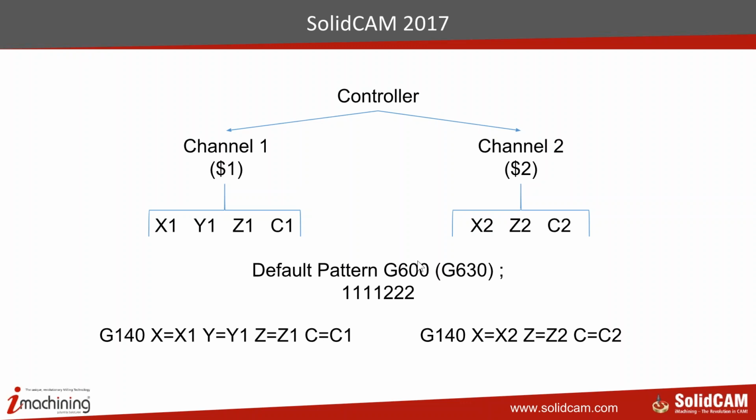But after many years of studying many machine types and different brands of machines, we see that there are similarities between the controllers, and they all use the same logic. They use macros and patterns in order to control the axis assignment. So the default pattern, the default axis assignment in automatic mode, is generated on this machine by G600.